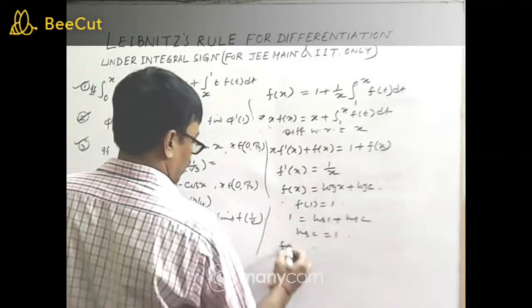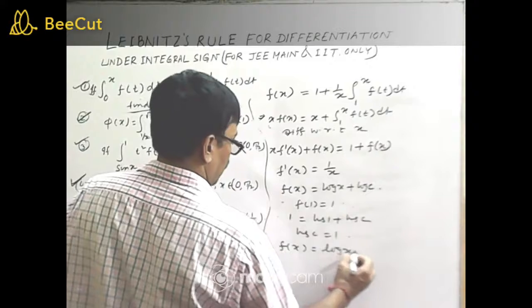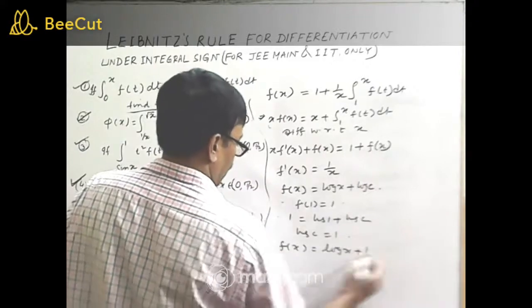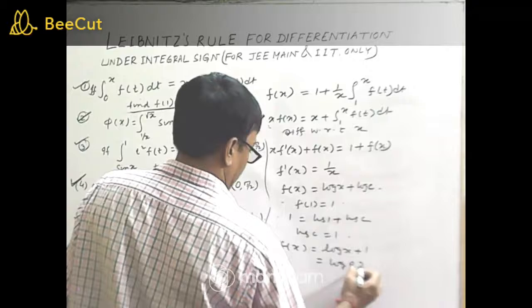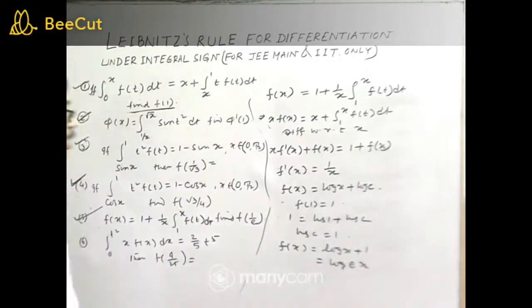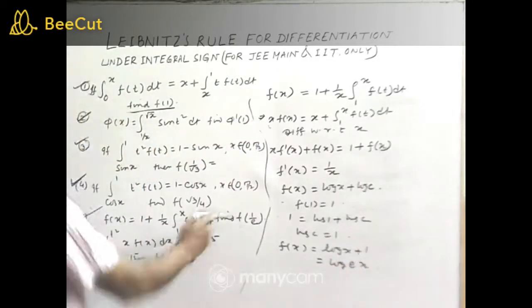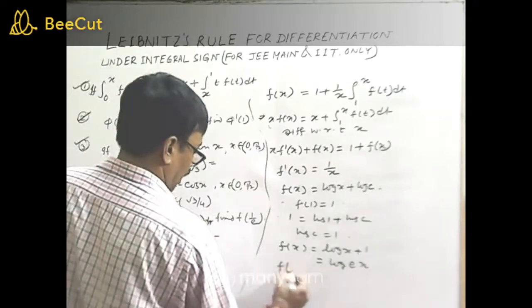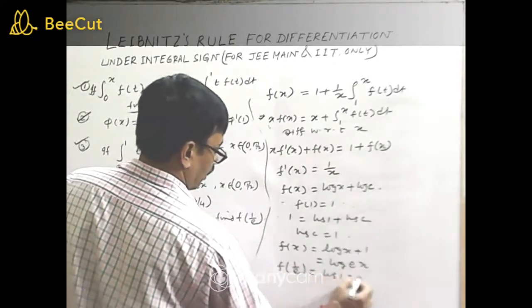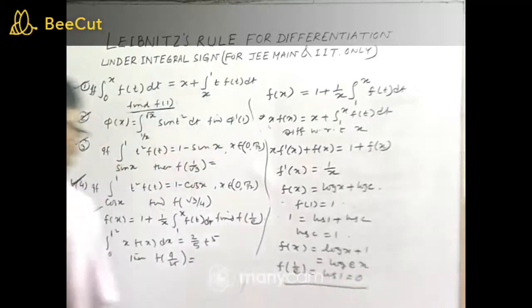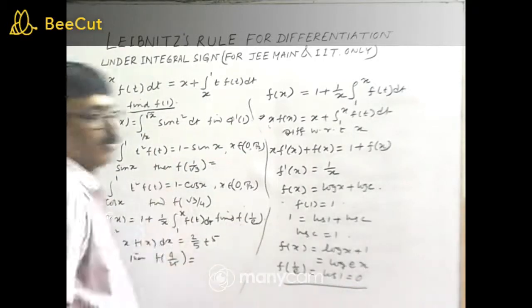So f(x) equals log x plus 1. So that is log of ex. Now we have to find f(1/2). f(1/2) equals log of e by 2. So what is f(1/2)?